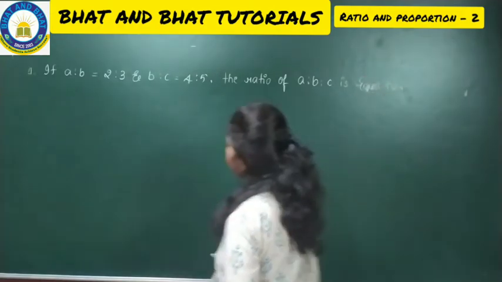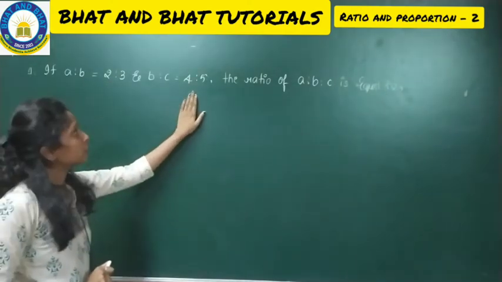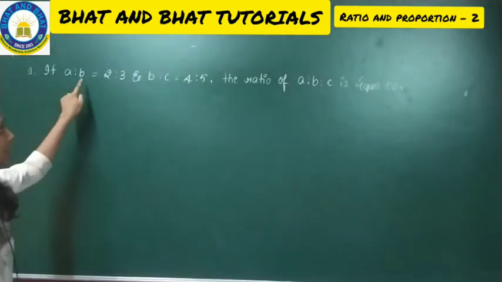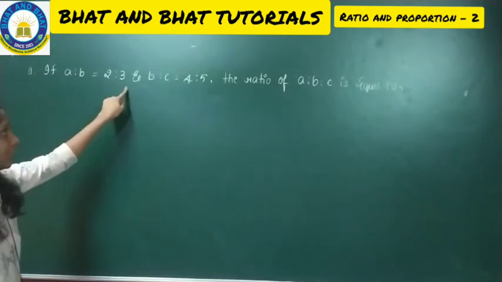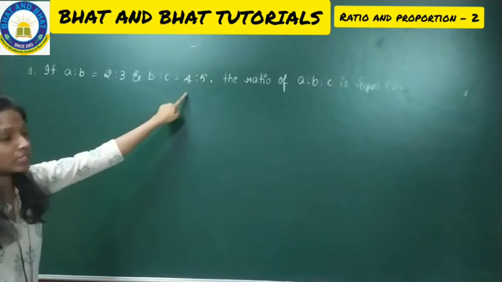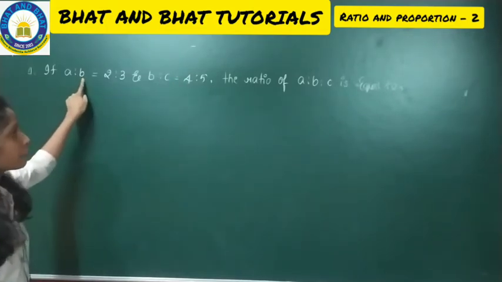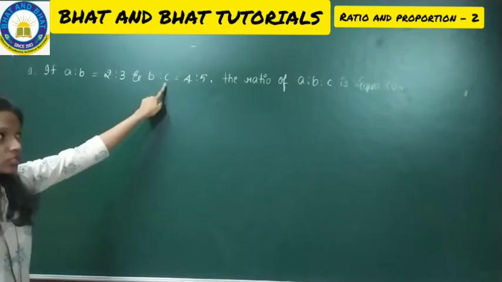So what you have to find, they have given you two ratios. A is to B as 2 is to 3. Again B is included here, that is B is to C is 4 is to 5. And you have to find the ratio of A is to B is to C.